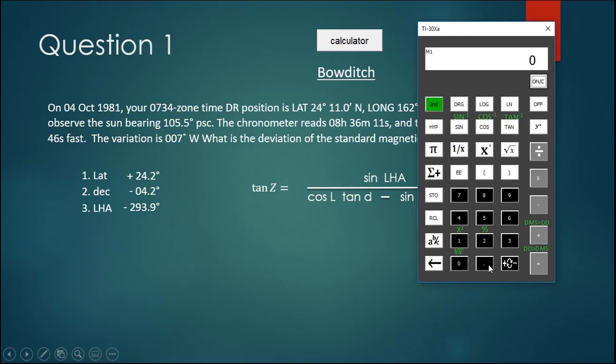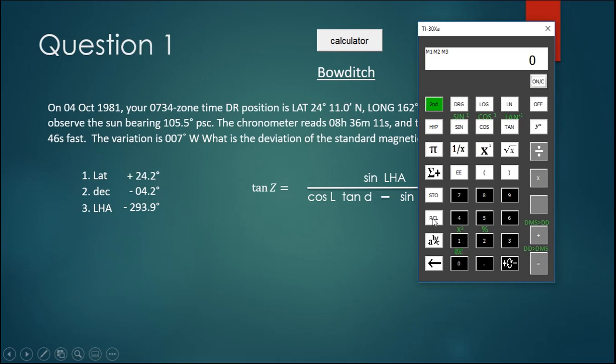Declination is 4.22, and we'll hit this little funny looking key right here, which will turn it into a negative. And we'll hit store 2. You can clear that, and then 293.9 for your local hour angle, 0.9, and then hit the funny looking little button right here to make that a negative, and store 3.